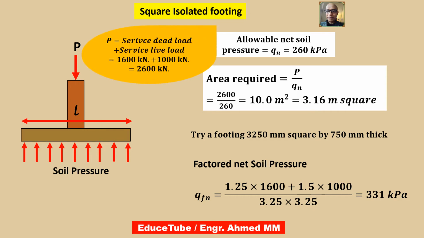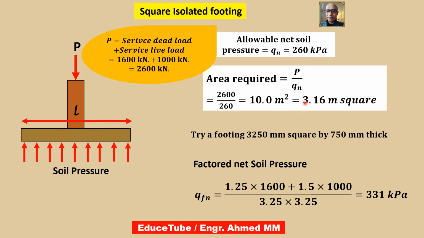As we have seen in the previous slide, it is 1600 kilonewton plus 1000 kilonewton, adding to 2600 kilonewton. This divided by 260 gives us 10 meters square.